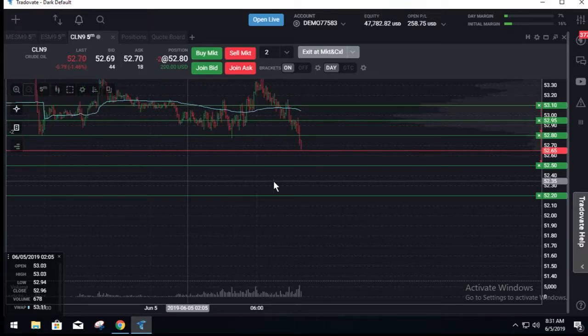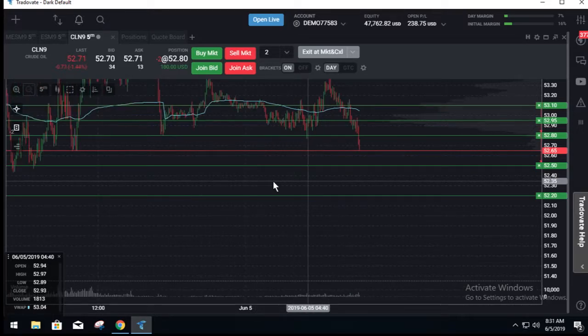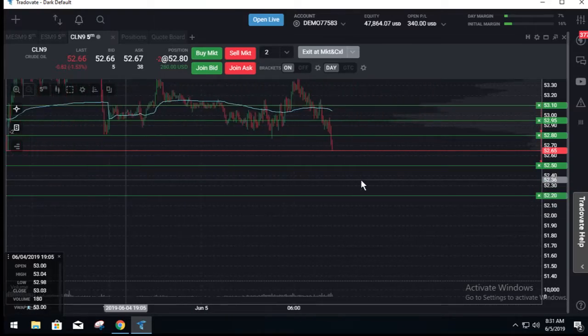So we entered at 52.80, break of the most recent swing low. I'm looking for a major swing low test as our secondary take profit.